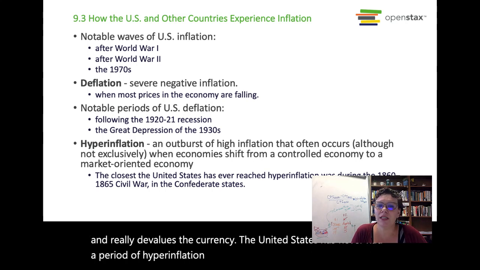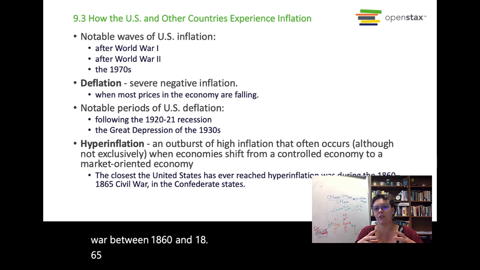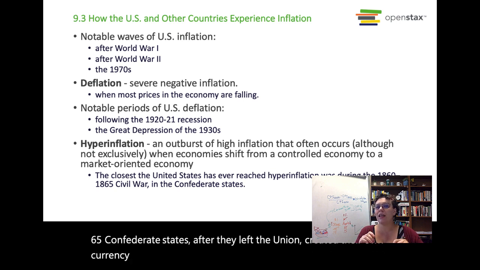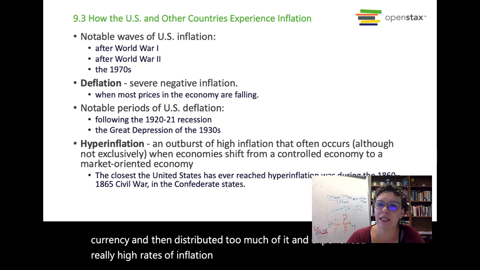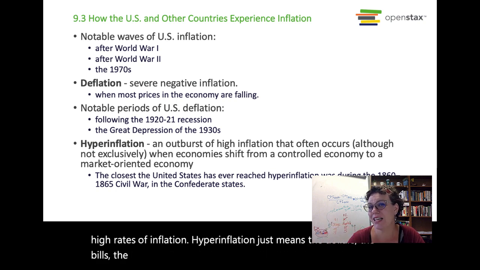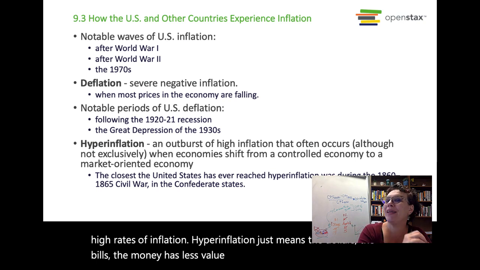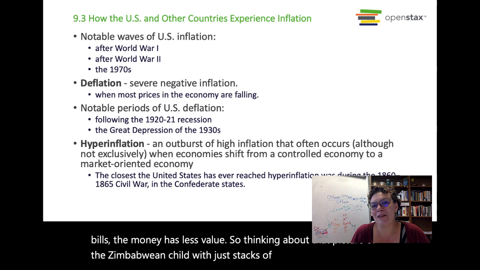The closest it got was during the Civil War, between 1860 and 1865. Confederate states, after they left the Union, created their own currency and then distributed too much of it and experienced really high rates of inflation. Which is basically, if you think about it, high rates of inflation, hyperinflation just means the money has less value. So thinking about that picture of the Zimbabwean child with just stacks of money, that's not a good sign, right?